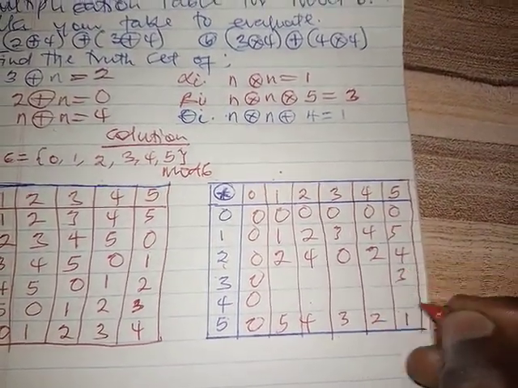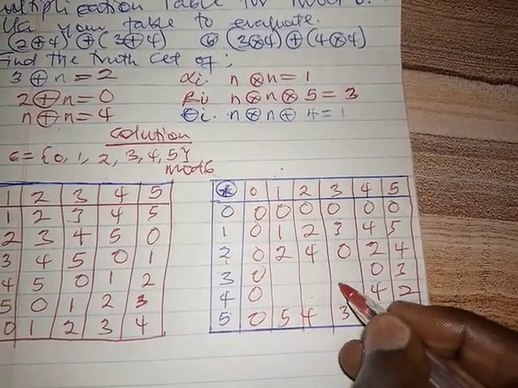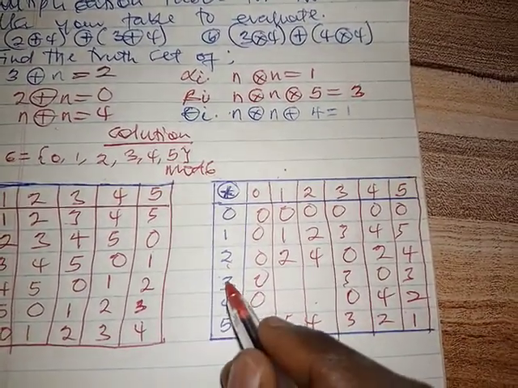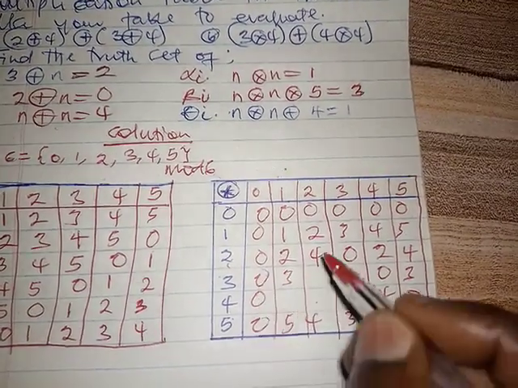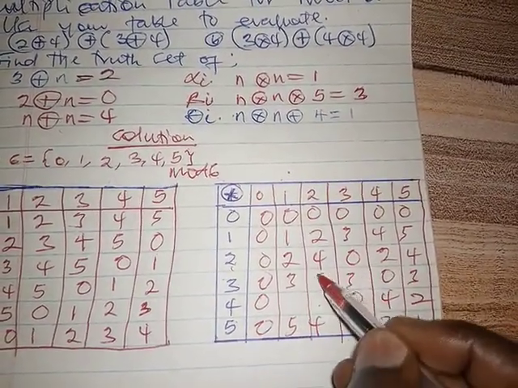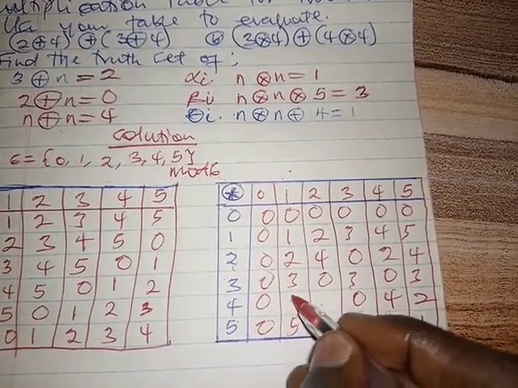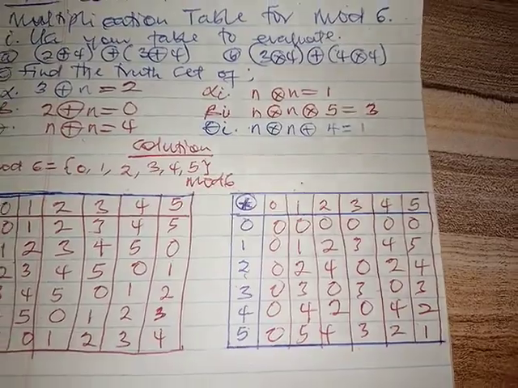So we have 3 here, we have 2, we have 0, 4, and we have 3, 0, and from 3 we have 3 here, and 3 times 2 is 6, so we have 0, 4 times 1 is 4, 4 times 2 is 8, so we have another 2. So this is the result.